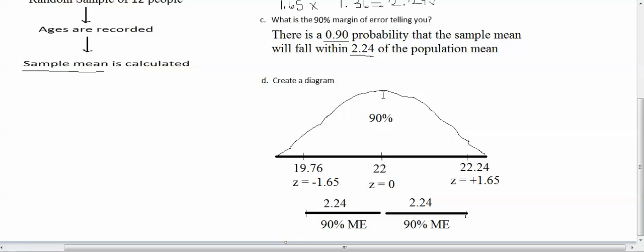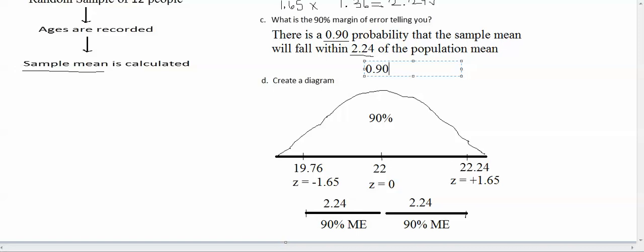So this is telling us that there's a 0.90 probability that the sample mean will fall between 19.76 and 24.24. We'll label that up here.